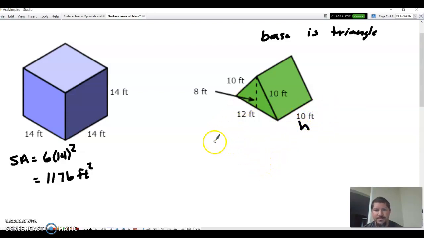Alright, so surface area is 2 times the area of the base. So area of a triangle is half times the base of that triangle, which in this case is 12, times the height of that triangle, which is 8. 8 is the height of the triangle.